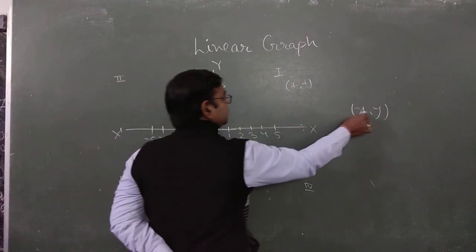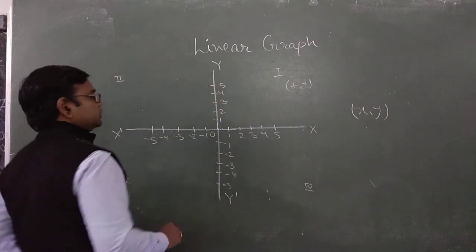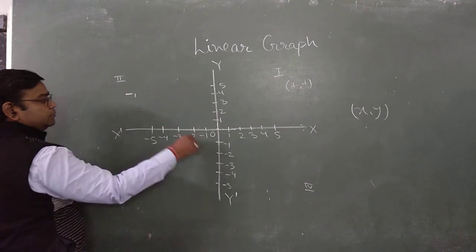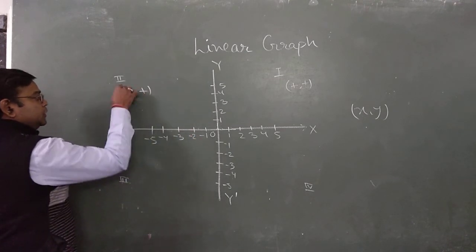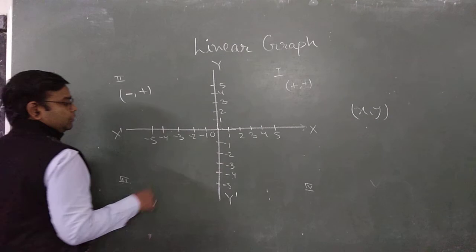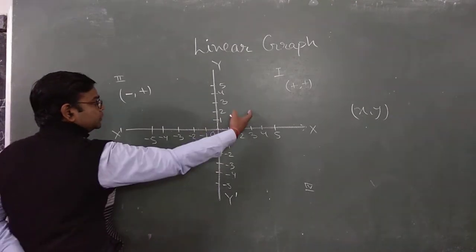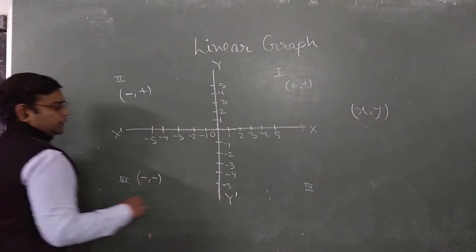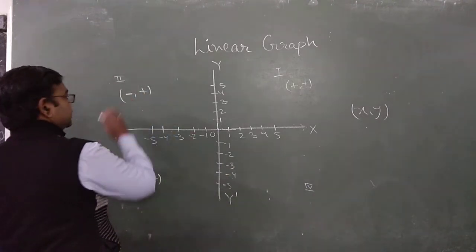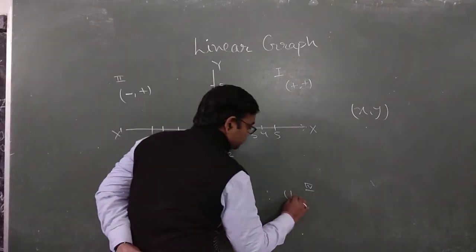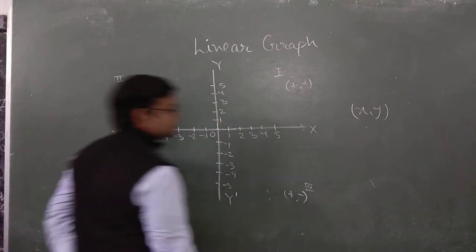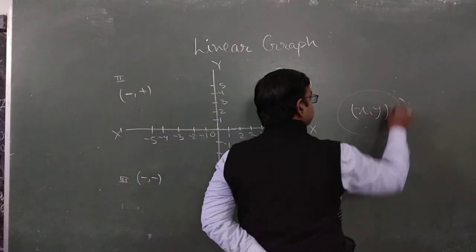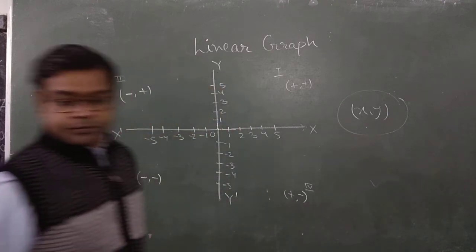So in the first quadrant it is positive, positive. In the second quadrant, x is negative and y is positive. The third quadrant is just opposite to the first quadrant, meaning both negative. The fourth is opposite to the second, meaning x positive, y negative. And this combination of x and y is known as the ordered pair.